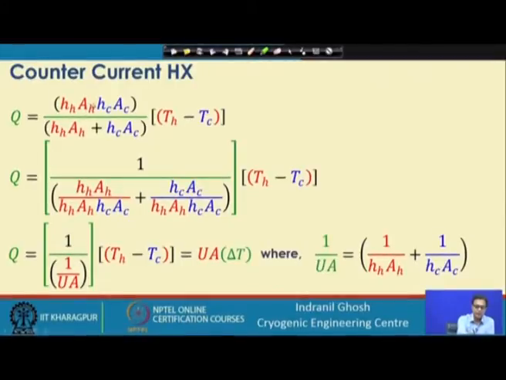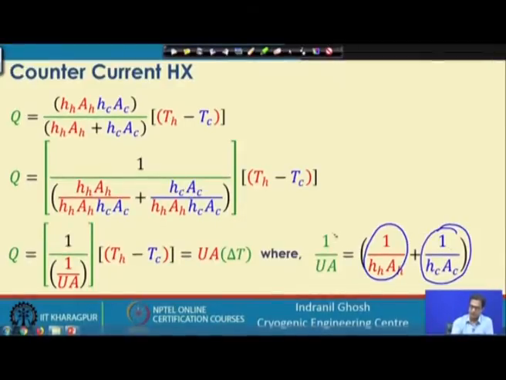Now, when I take this numerator and divide this part, we find this will be simplified like 1 by UA equals 1 by h_h A_h plus 1 by h_c A_c. This part is the hot fluid side heat transfer resistance and this is the resistance offered by the cold fluid side, convective heat transfer resistance, and this one can be represented by 1 by UA, that is the overall resistance offered by this fluid.